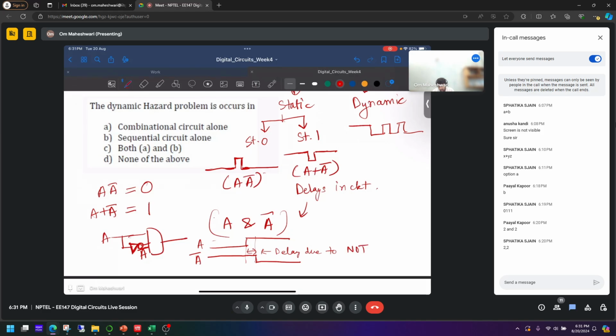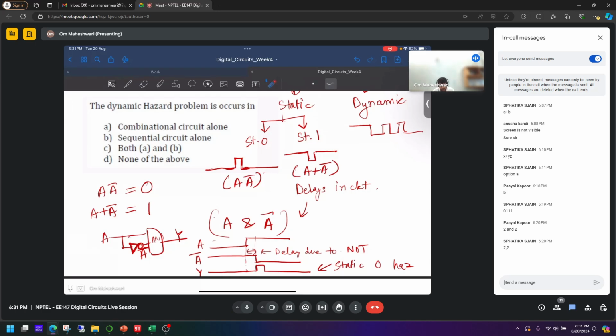Then our output, let's say this Y, will be 0 till here. Then with some delay of this AND gate, it will be 1 here, then go 0 again, right? This is the static 0 hazard.